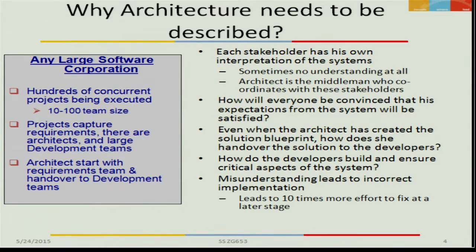In order to really hand over the solution to the developer, you need something concrete, and concrete to an extent that the development team understands what your solution is. You might have explained it to the stakeholders, and typically they are senior people, so they might have understood and been convinced, but you now need to hand over the solution blueprint to the more junior set of people who are developers.